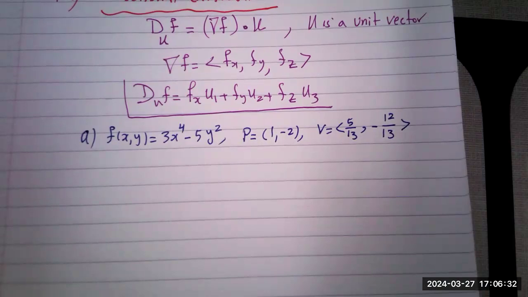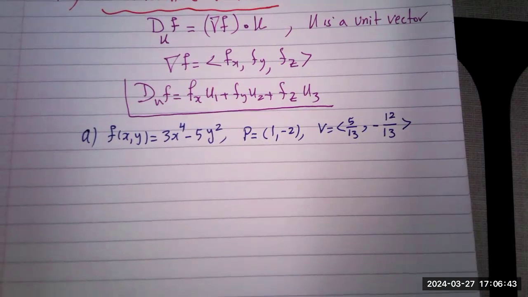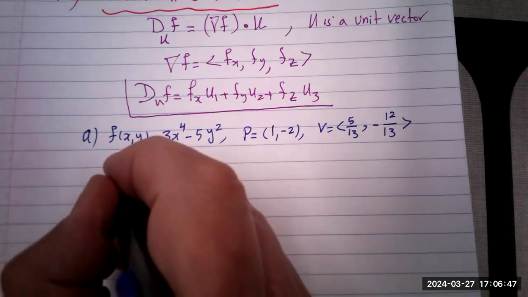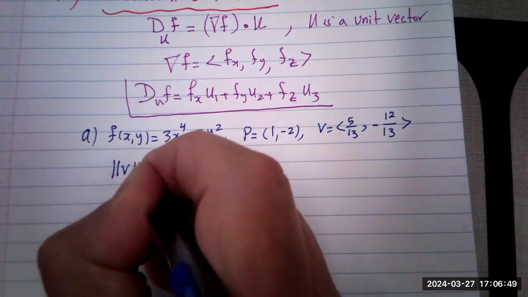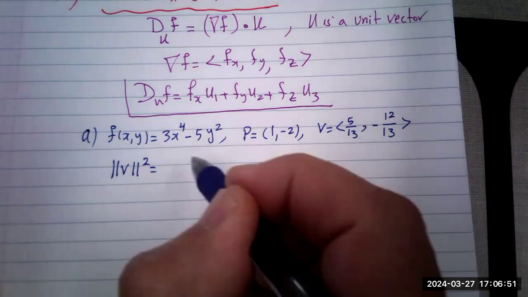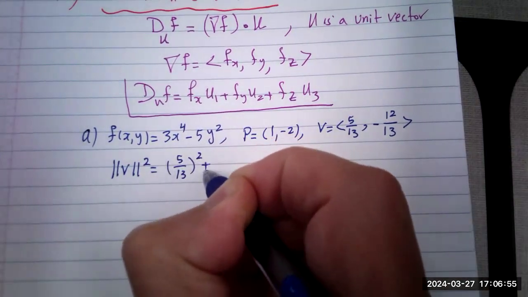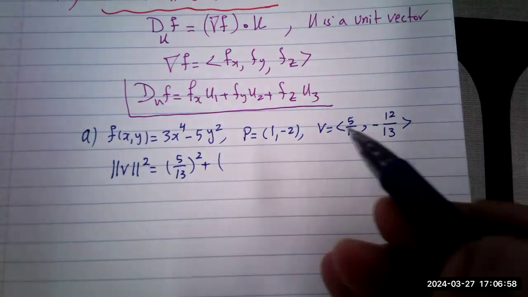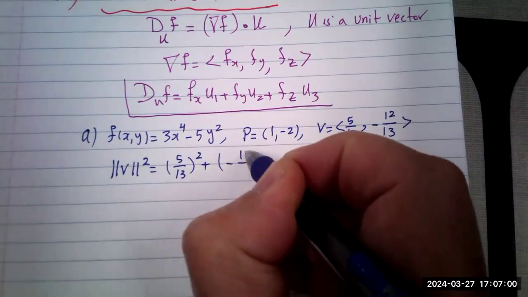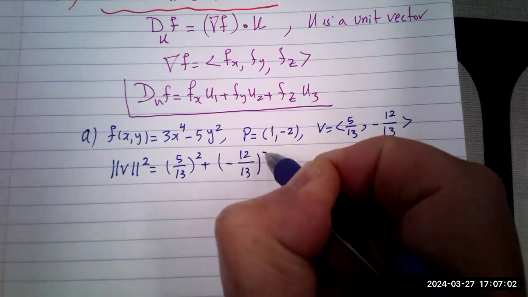First thing to check, make sure that this vector is a unit vector. If it's not, you have to normalize it. So find the norm of this vector first to check that you are okay. So there you are, finding the norm of v squared: the squares of the terms, 5 over 13 squared plus negative 12 over 13 squared.